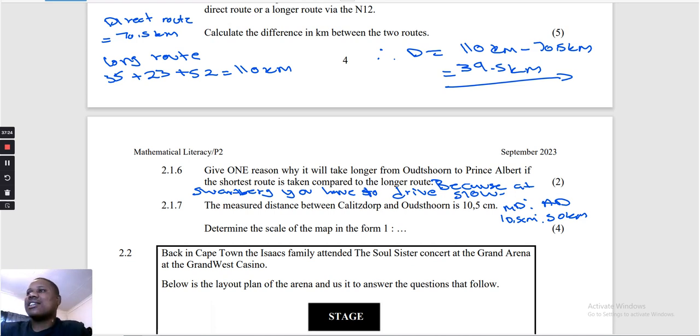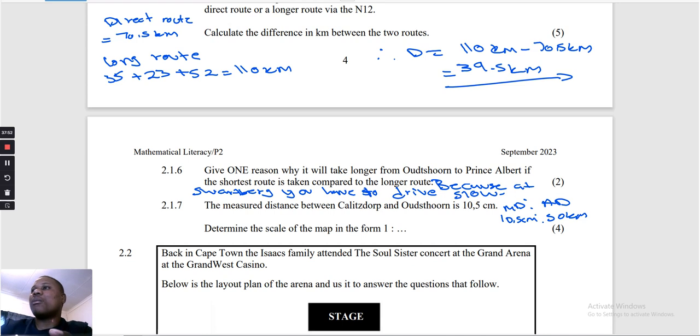In this case, we have centimeters, meaning that we need to change the other side, the 50 kilometers, into centimeters. So the relationship between centimeters and kilometers according to the metric system is 100,000.